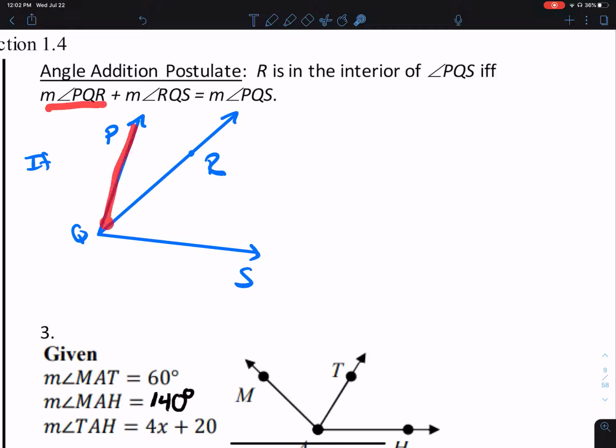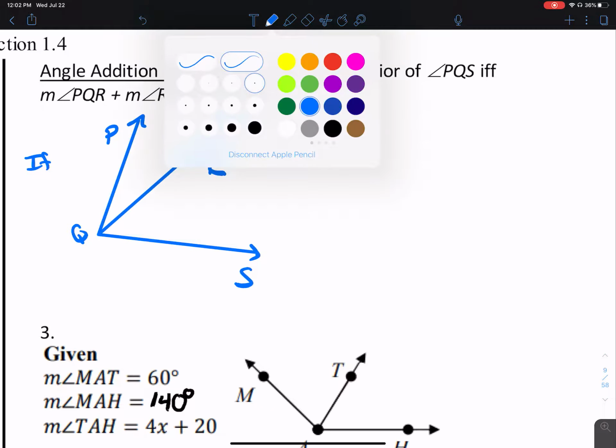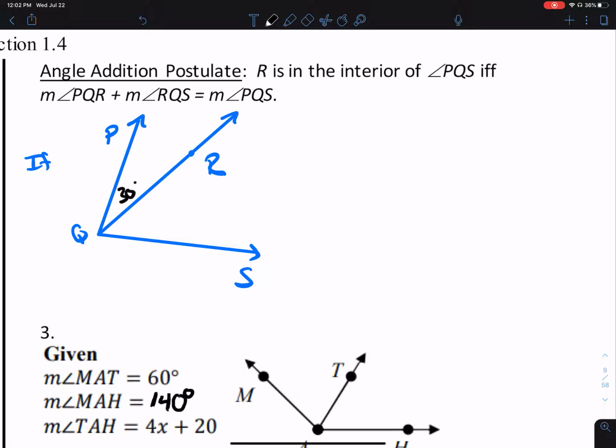Measure of angle PQR plus the measure of angle RQS equals the measure of angle PQS. So with numbers, I'm going to end up erasing this. If this is 30 degrees and this is 70 degrees, it seems reasonable that this angle here is 100 degrees. That's all the angle addition postulate's saying. Looks complicated because there's lots of letters.